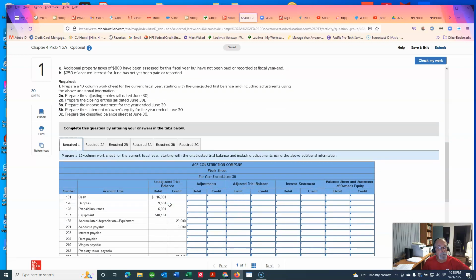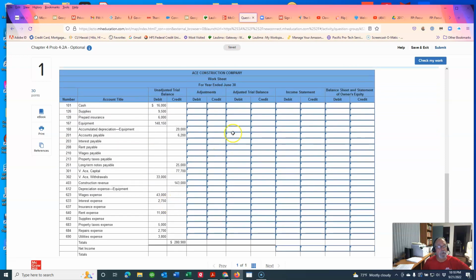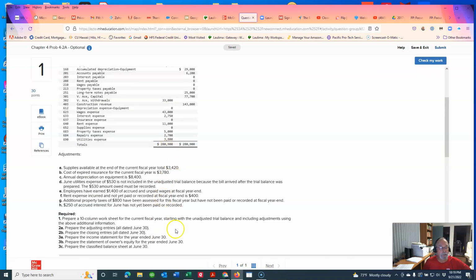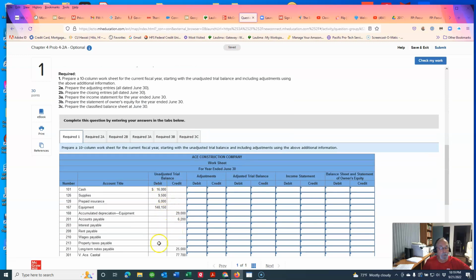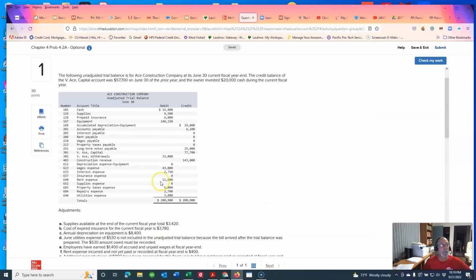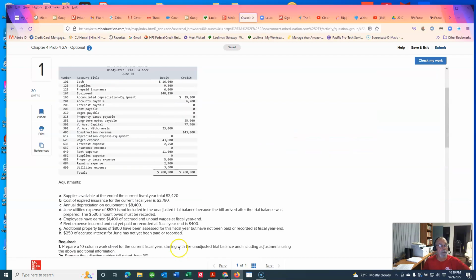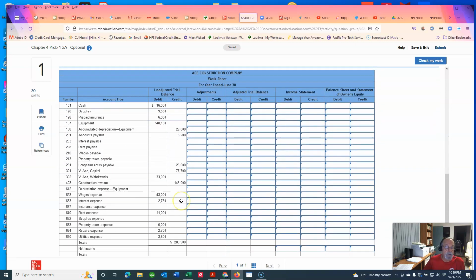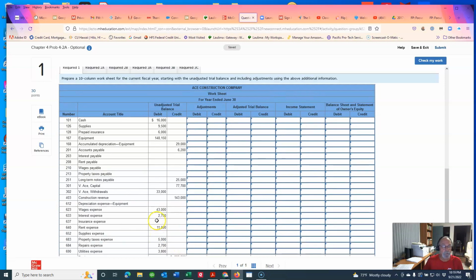So if we go down to our trial balance on our worksheet, notice that the credit side total is 280,900 and the debit side total is blank. And it should be 280,900. So we could, if we wanted to, check that the amounts in the debit column are exactly the same in this worksheet as they are on the unadjusted trial balance up above. That would be one way to check it out, but I have a feeling that we're going to somehow fill in that total at a later time.